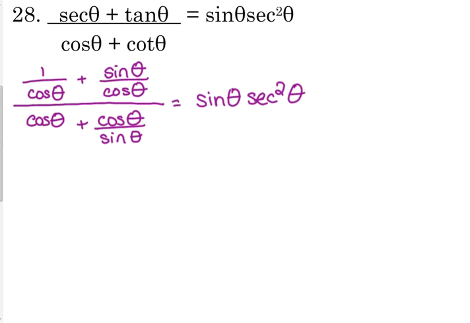Okay, so we can get a common denominator, or we can multiply everything by the common denominator to try and eliminate. Okay, so I don't know. I'm trying to think of which way I want to handle it.